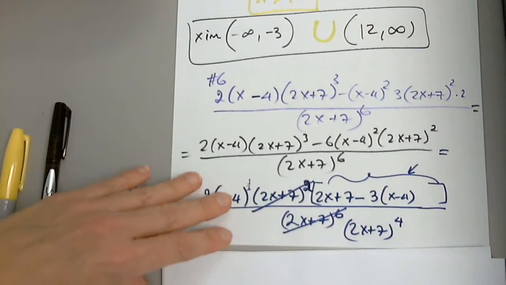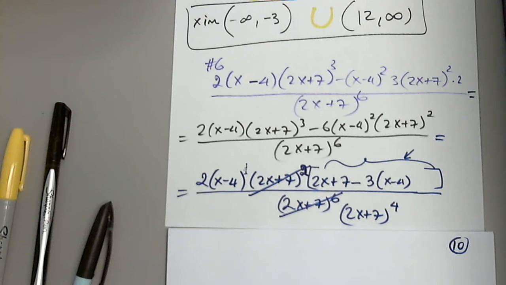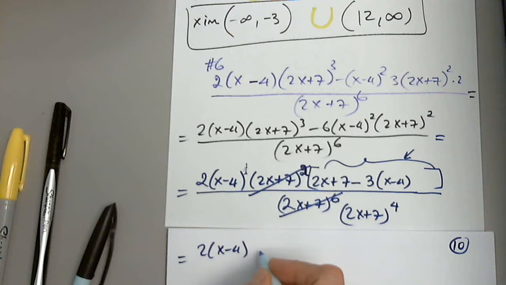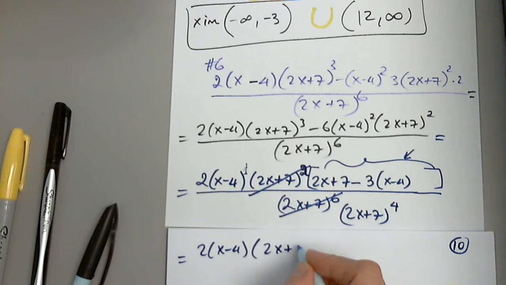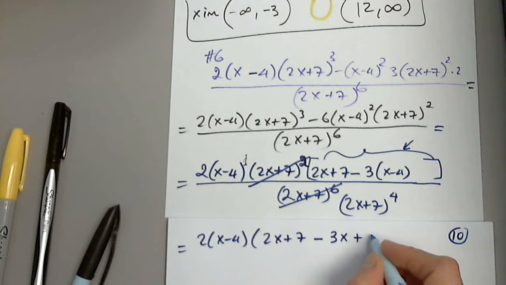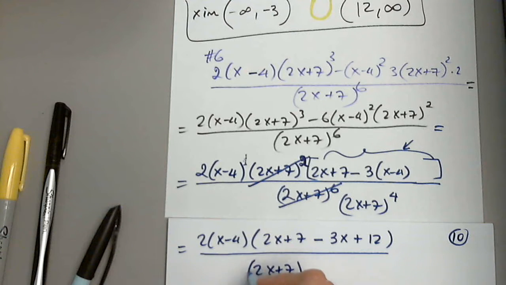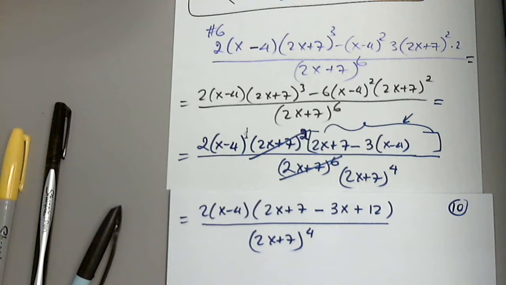So this is all based on factoring. Not exactly the same type of factoring we look at with trinomials, binomials, but close to polynomials. So I have then 2x minus 4, and in parentheses 2x plus 7, but minus 3x. Plus, very good, and 2x plus 7 to the 4th power. I have to combine like terms, and I'm done.